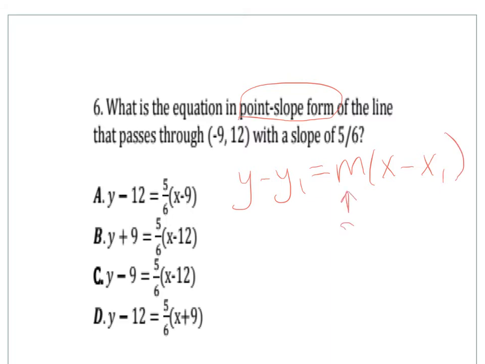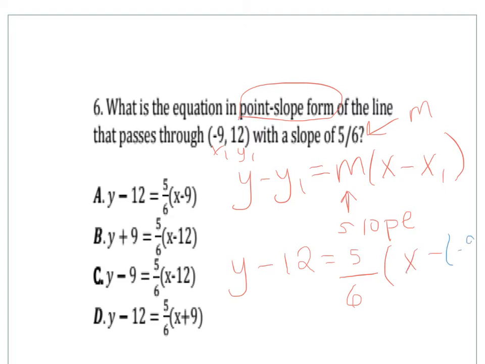This is always my slope, and by this is always m, okay? So what I'm going to do is simply write x1, y1, and then I'm going to do the same thing here, and I'm going to label this as m. Now all that we need to do is plug it in, so I'm going to write y minus 12 equals 5 over 6 times x minus, well, hold up, we got another negative, and this is when we have to put the parentheses, negative 9.